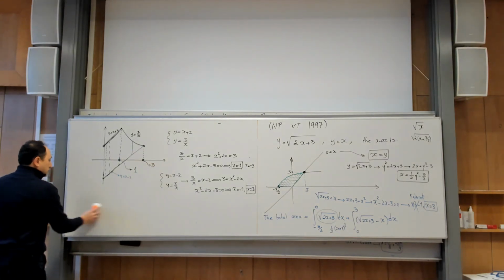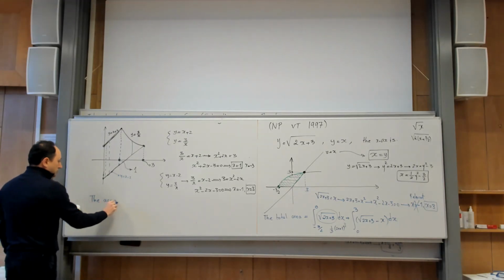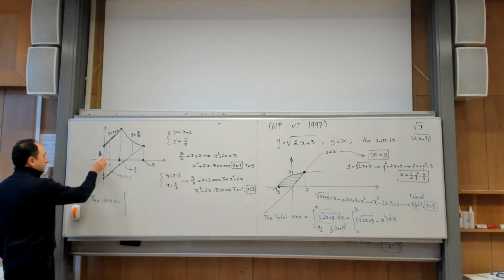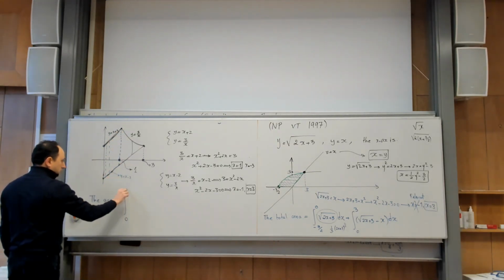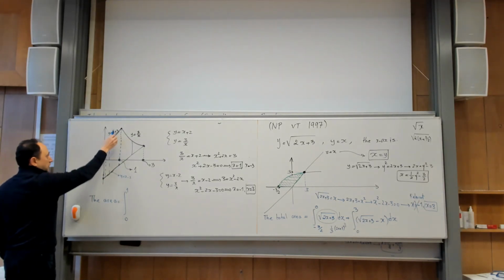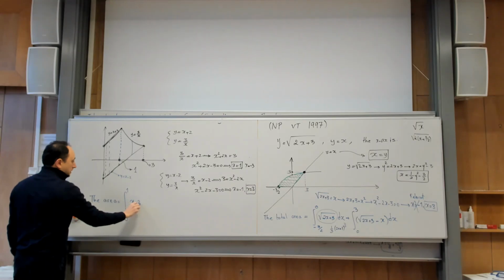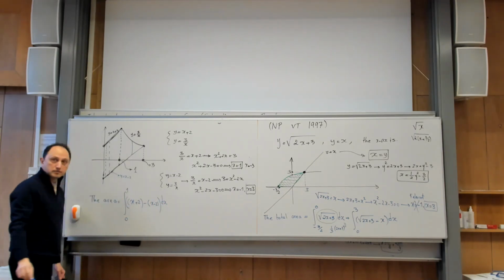Now what I do, the total area is equal to the integral. I have to go from 0 to 1, but the area is between these two curves, between these two functions. The function above is x plus 2, minus the function below, x minus 2. Yes?